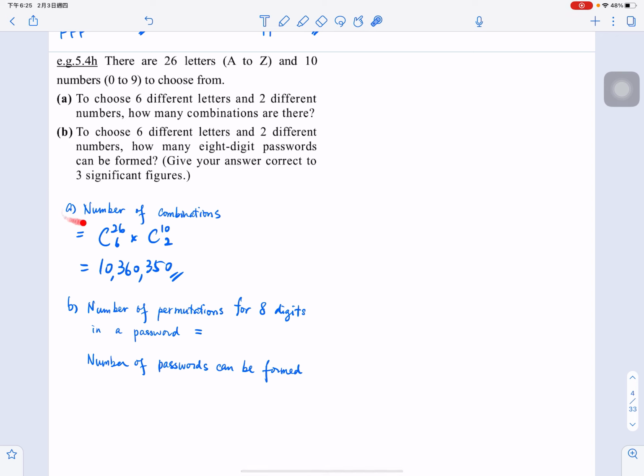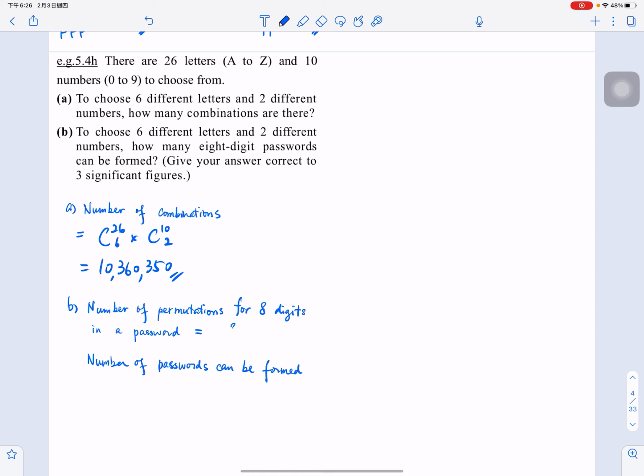Just now we have the combination ready, right? That means for each combination, you can put it in different order. That means you choose those 8 letters and numbers. You see the number of permutations for an 8-digit password.